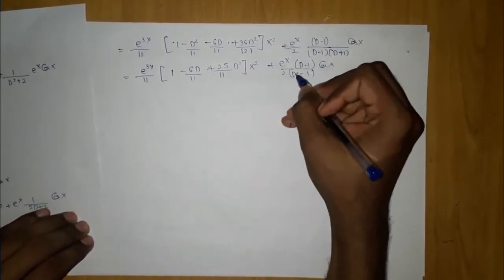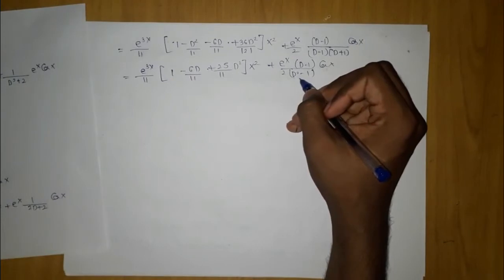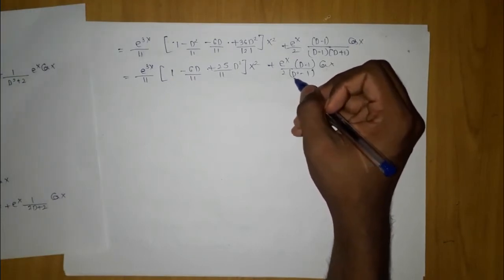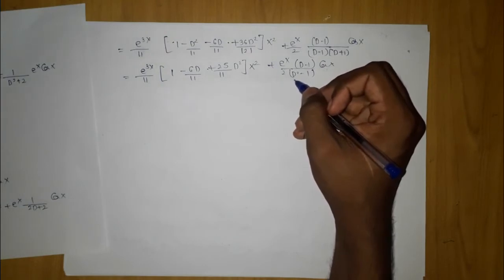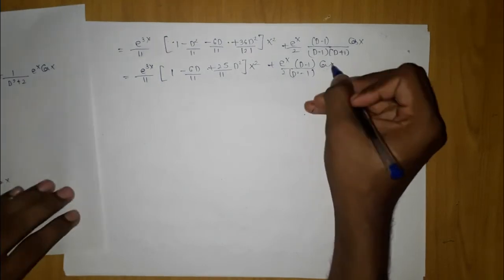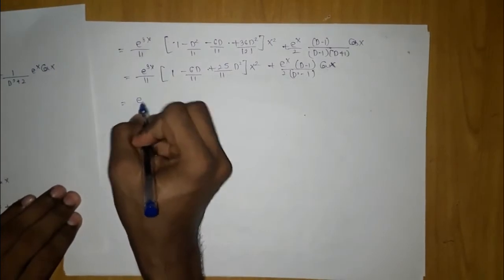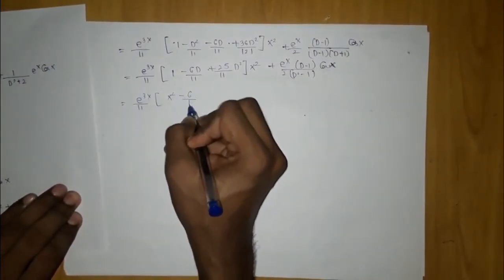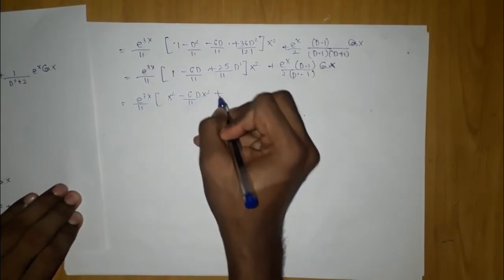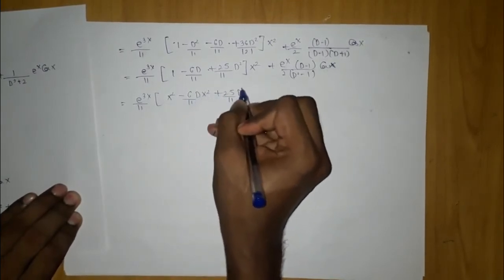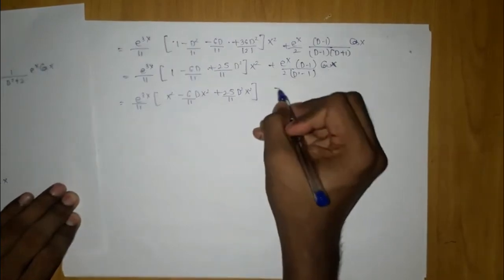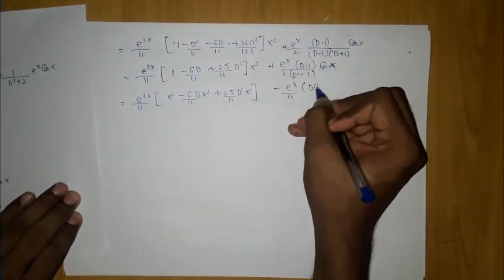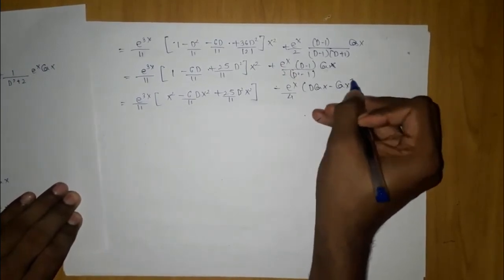So here we are going to substitute minus 1, minus 1 square, which will be minus 1, which will become minus 2, so minus 4 will appear here. Okay, hope you have understood this step. Into cos x, e to the power 3x by 11, x square will multiply, minus 6 by 11 d into x square plus 25 by 11 d square into x square, and here minus e to the power x by 4 and d cos x minus cos x.